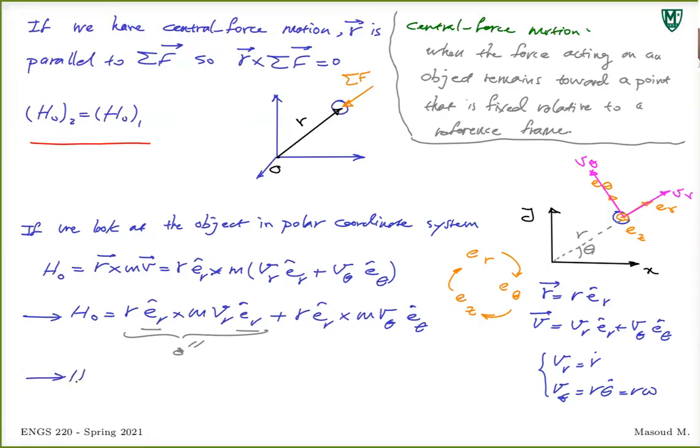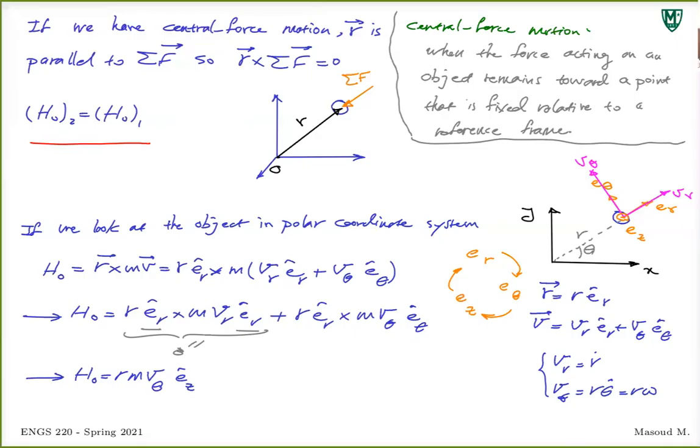So that will give you HO, or angular momentum in the polar coordinate system, becomes R M V theta EZ. And this is aligned with what we said about the direction of angular momentum.